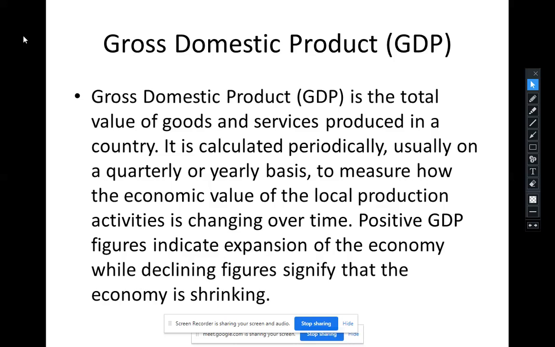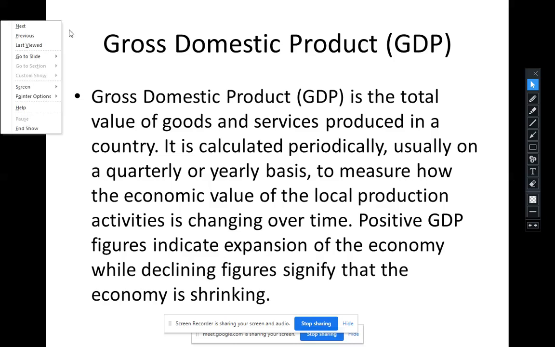Like a country produces oil, produces this and that, produces services. That is when you want to find out the total value of any product that is made in this country. It is calculated periodically, usually quarterly or yearly.